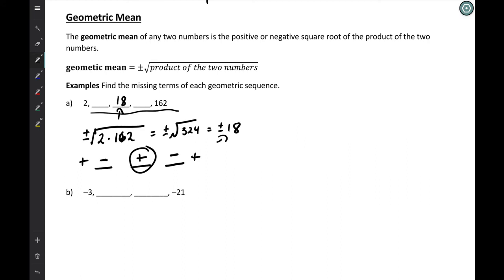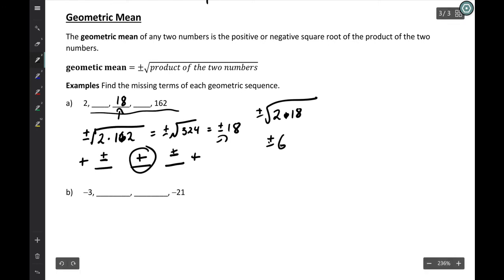All right, let's find my other two terms. I do 2 times 18, take the square root, put a plus or minus. 2 times 18 is 36, square root of 36 is 6. So plus or minus 6. And as we saw in this last example, these two things here are going to be positive or negative depending on your r value.